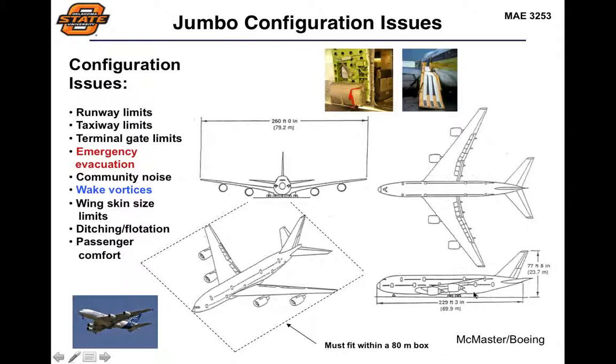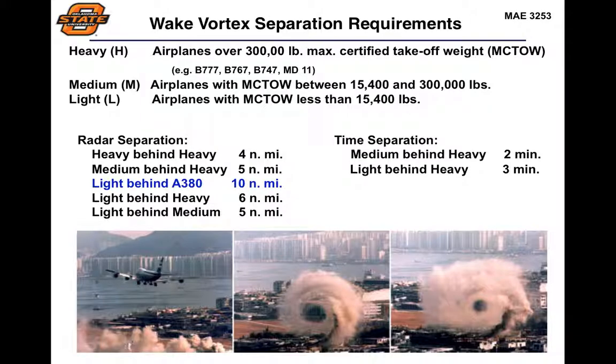And you actually have to not only design with this in mind, but also at the end of the day demonstrate that it actually works, along with lots of other constraints as well that you may not initially think about throughout the design process. One of those might be operational. Wake vortices is a good example of that. These regulations are dictated by the FAA based upon a ratio of a leading aircraft size to a following aircraft size.